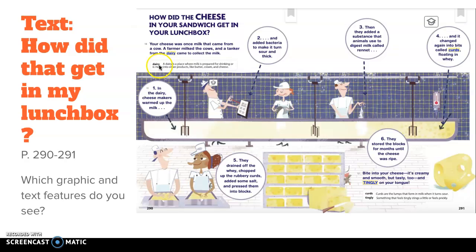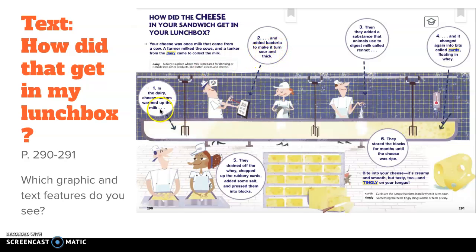It has the word in bold, so that we know that's the word it's talking about, and then the definition. I also see they used color. The explanation is in kind of a dark blue or purple color, and the definitions are in black. And our links are in a lighter blue. In the dairy, cheese makers warmed up the milk and added bacteria to make it turn sour and thick.